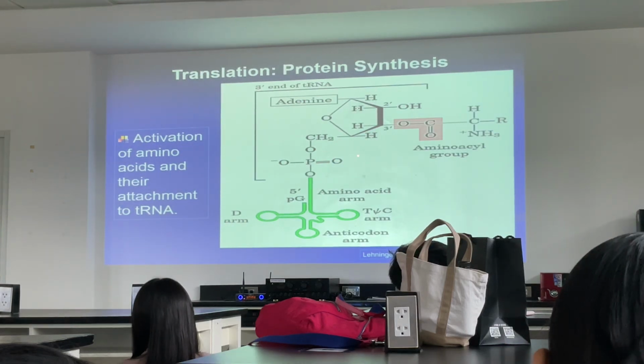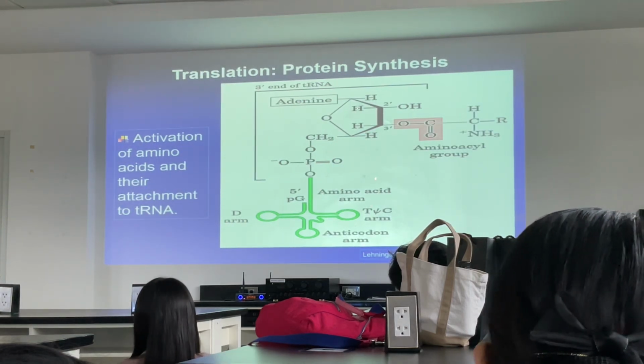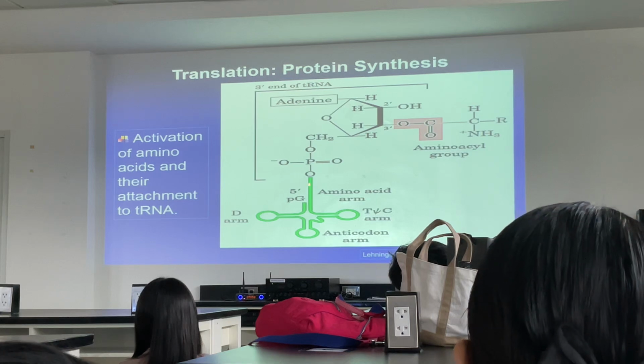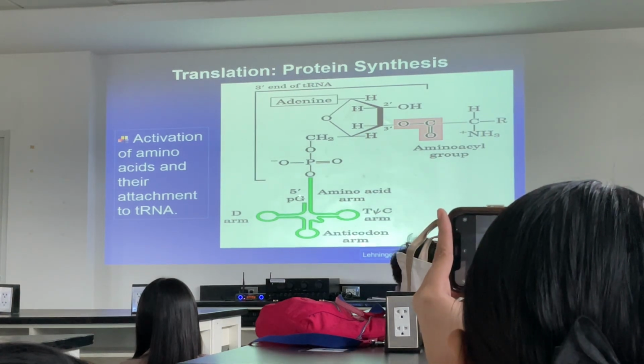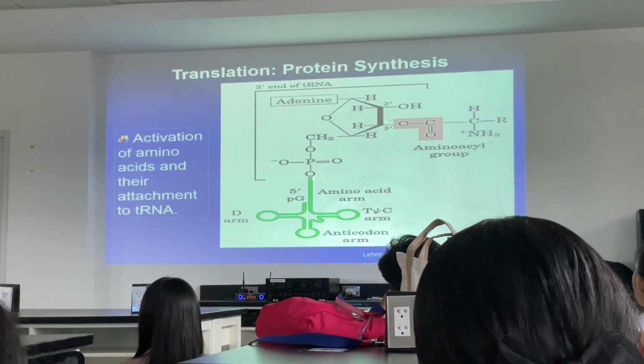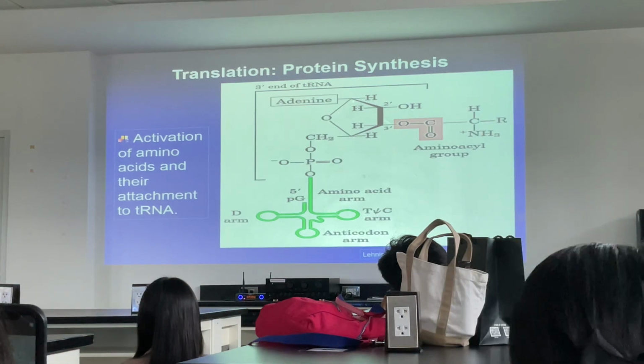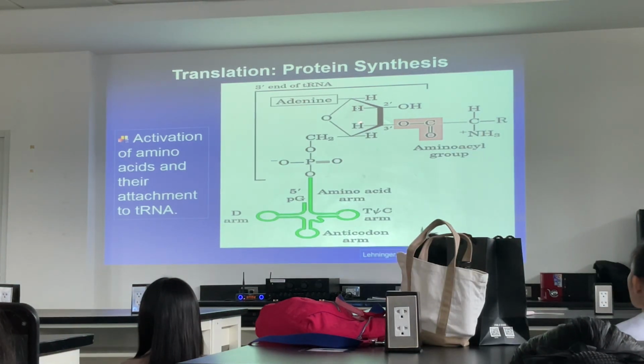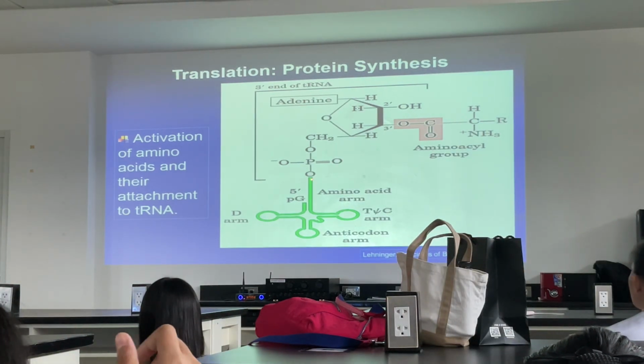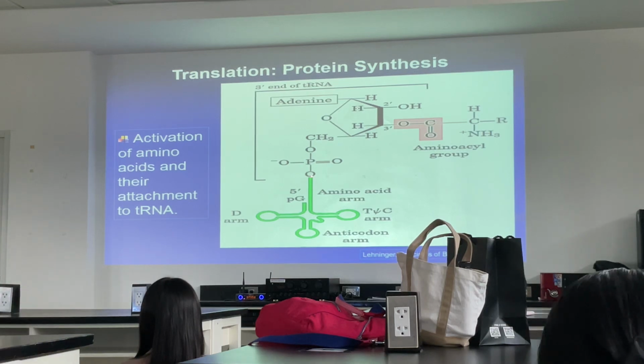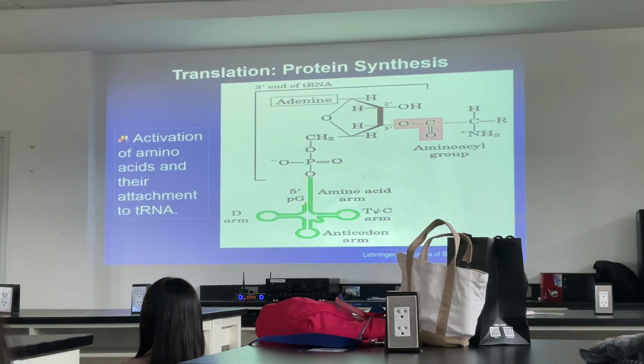This is now the activated amino acid being attached to this tRNA at the 3' end. The amino acid, remember, is attached to the 3' end of the tRNA molecule. This is the 5' end. This is the 3' end.